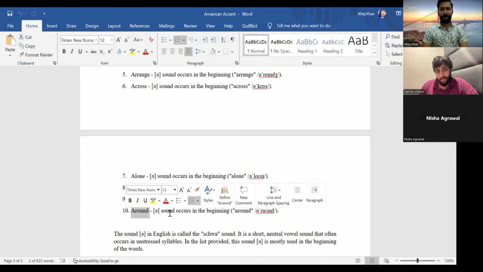Could you please say the whole sentence again? She's around me. It isn't around, it is the second sound. We're not studying the second sound. Oh, very good. Okay, now do it for me again.